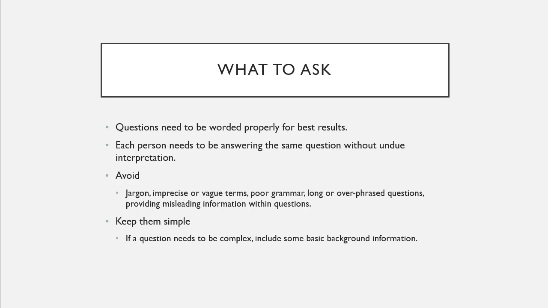That way we don't make each question overly complex, but they all refer back to one piece of information that's easily accessible. So keep the questions as simple as you can, and if you have to ask a complex question or a complex set of questions, give a preamble to it and then go into your questions.